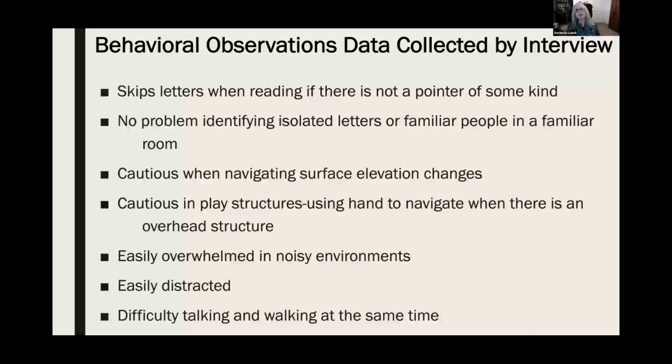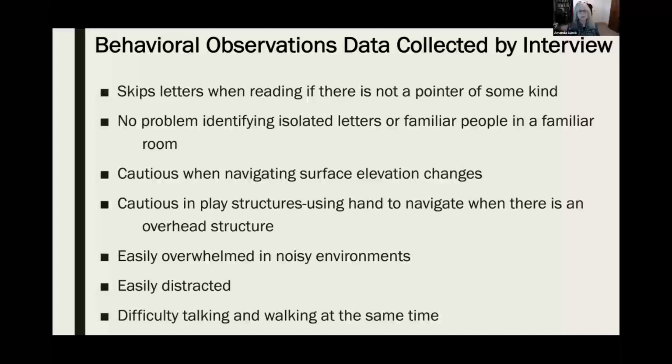So what we found when we observed and collected data by interview was that he skipped letters when reading if there wasn't a pointer. He had no problem identifying isolated letters or familiar people in a familiar room. He was cautious when navigating surface elevation changes, cautious in place structures using a hand to navigate when there is an overhead structure.